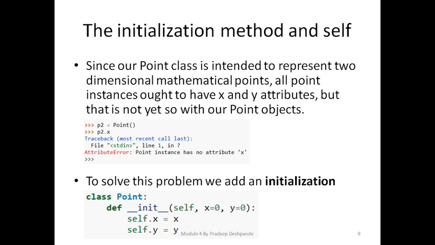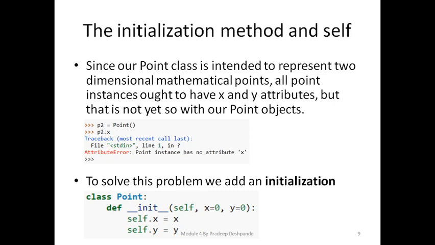Okay. In the previous examples of point and rectangle, we have not taken any object attribute initialization. We have not initialized any attributes. We have seen the initialization method in some examples, but for point and rectangle we have not taken that particular function.